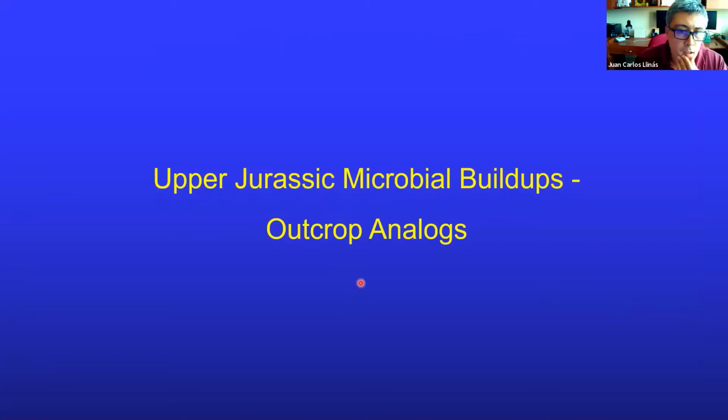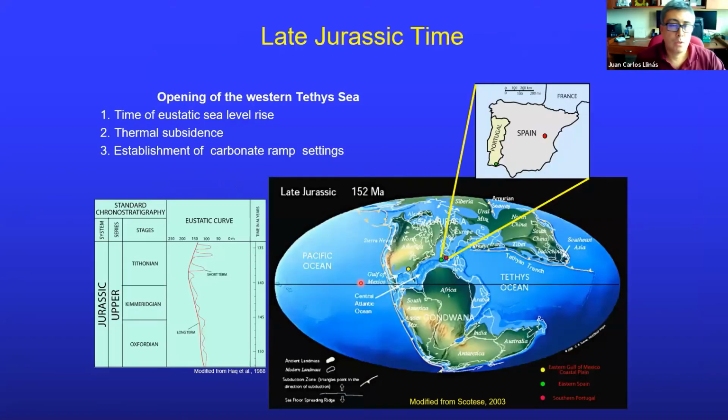Now, let's take a look at some outcrop analogs in Western Europe. During the late Jurassic, the western margin of the Tethys Ocean was opening here.